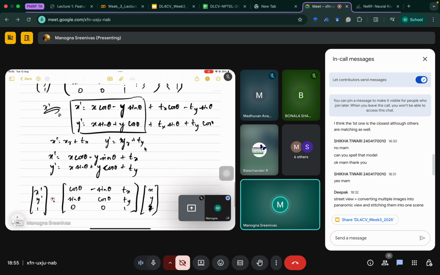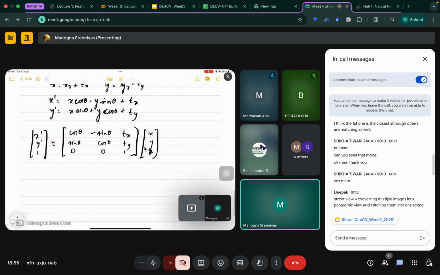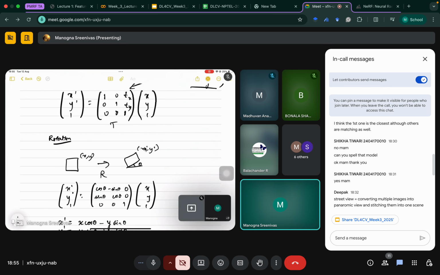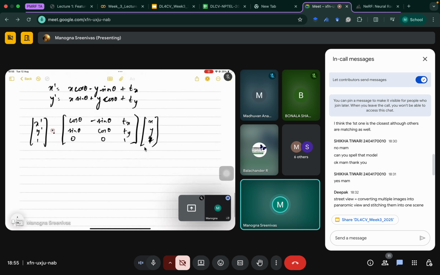Now suppose I want to zoom in or zoom out this image, while I keep this rotation and translation. I have an image.